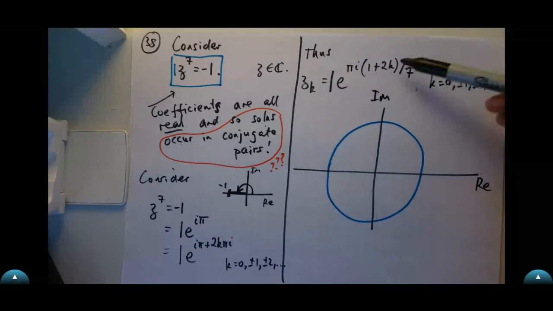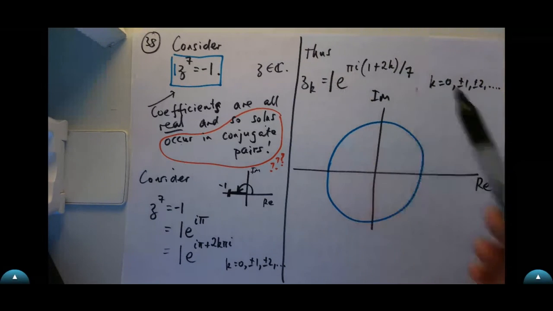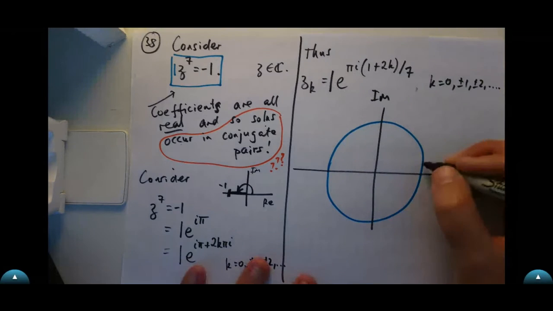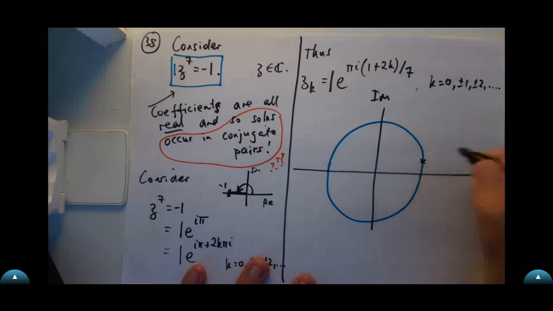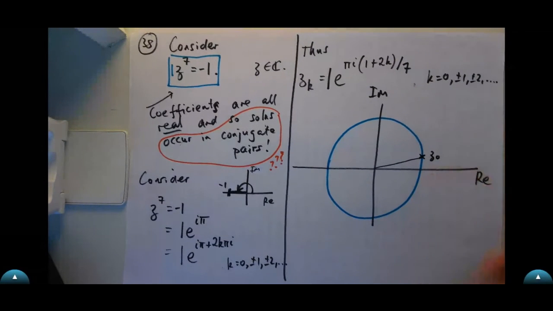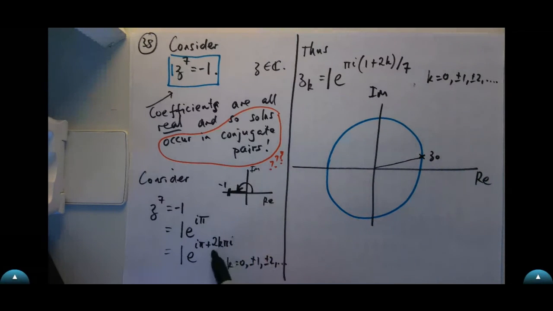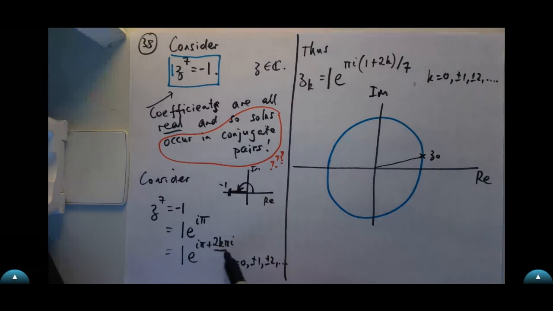Okay, so when k equals 0, this disappears, and it will be 1 e to the pi i on 7. So the angle is going to be something like that. So that might be z0. Okay. So Russell, if you don't have this, you don't catch all the solutions. And if you want to keep getting back to this point, you just keep rotating by a multiple of 2 pi.